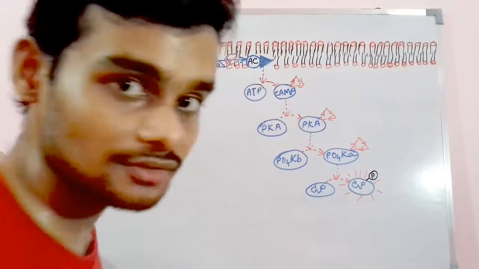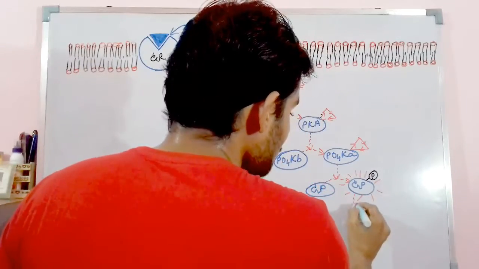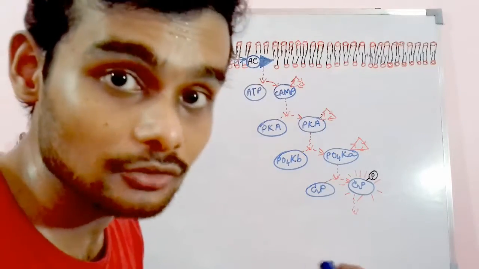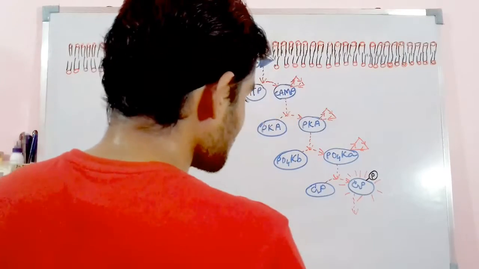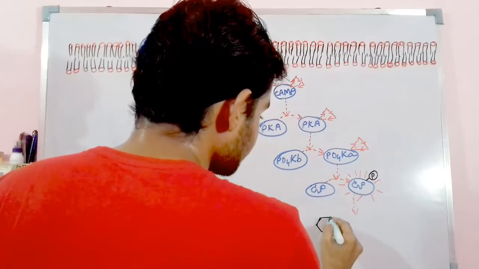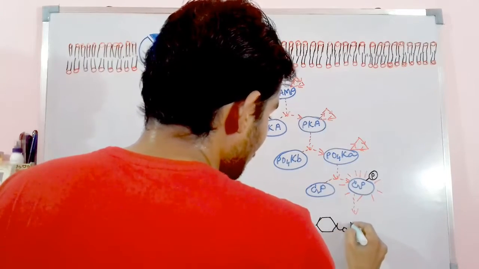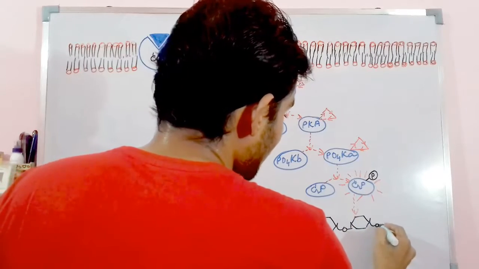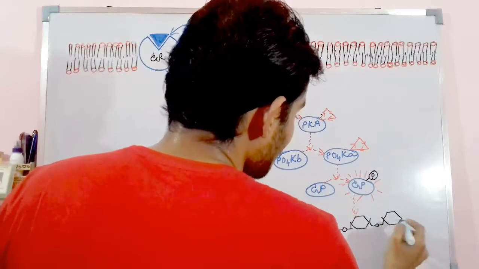Now what does this glycogen phosphorylase do? This glycogen phosphorylase is the only enzyme which would help in phosphorylating the glycogen polymer. This is what the glycogen polymer looks like, having the branched alpha 1,4 and alpha 1,6 linkages.